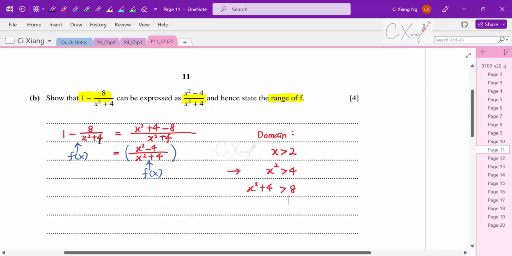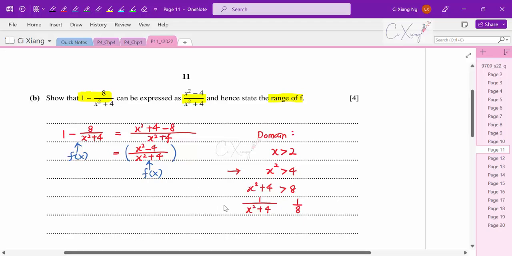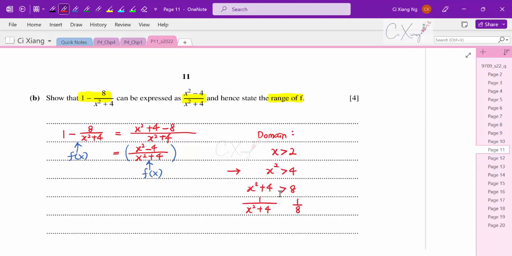Okay, and now they want us to take the reciprocal for 1 over x squared plus 4. If I'm having 1 over x squared plus 4, basically I need to change the sign as well. Besides the 1 over 8, I also need to change the sign for the inequality. So I'm having a smaller sign here.